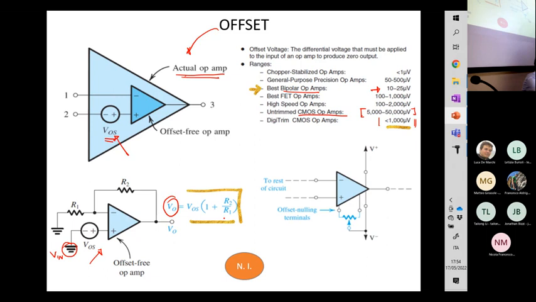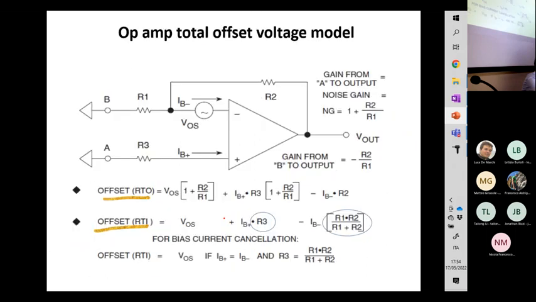Offset is not the only critical effect of non-idealities due to the op-amp. Another critical effect, which in this case is more critical for bipolar than for MOSFETs, is the fact that we may have some biasing current flowing into the input terminals of our op-amp.